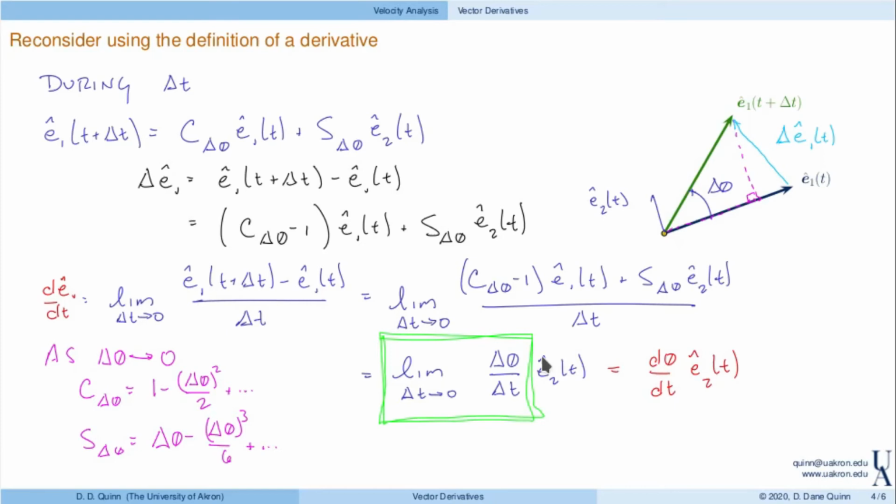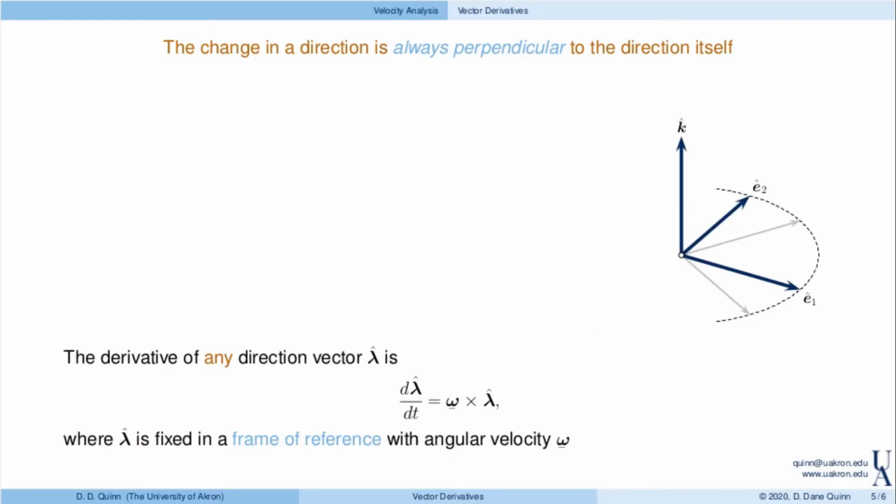Clearly, when we're talking about direction vectors, their magnitude is always 1, so obviously fixed. And again, the change in a direction is always perpendicular to the direction itself. That's actually an important idea, and it allows us to generalize these directional derivatives.